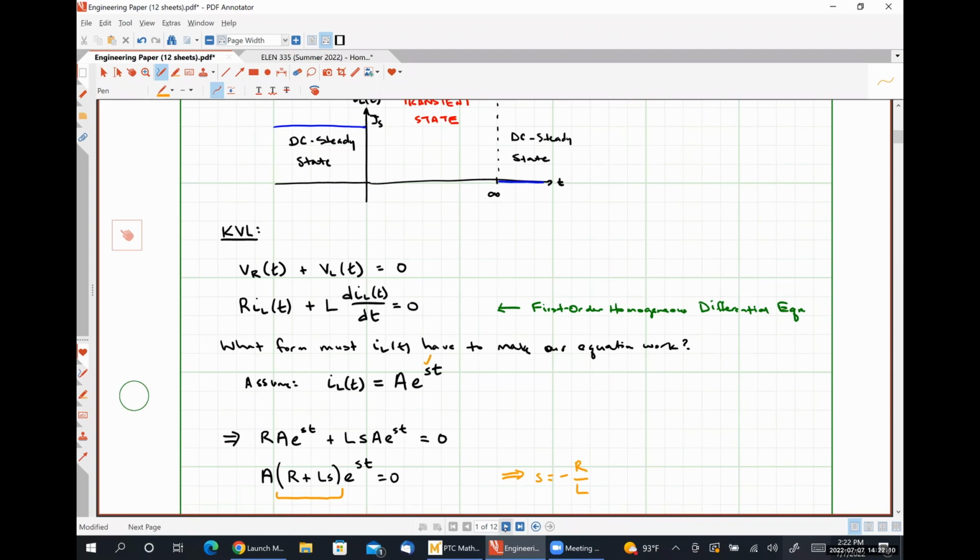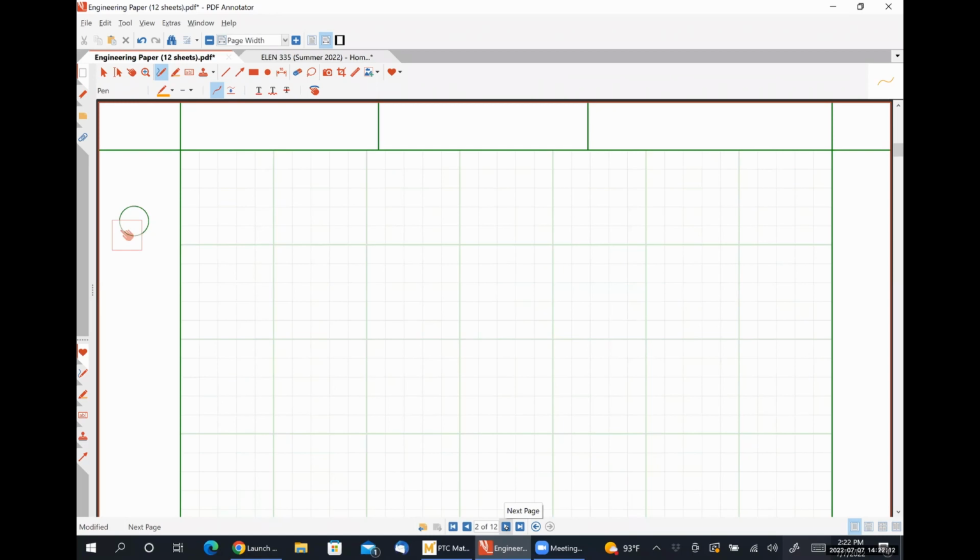Let me go to the next page here and summarize some things. All right, so we have assumed that our inductor current IL of t is of the form A e to the st. We have figured out that S in this case is negative R over L, which means IL of t must be something A e to the negative R over L times t.